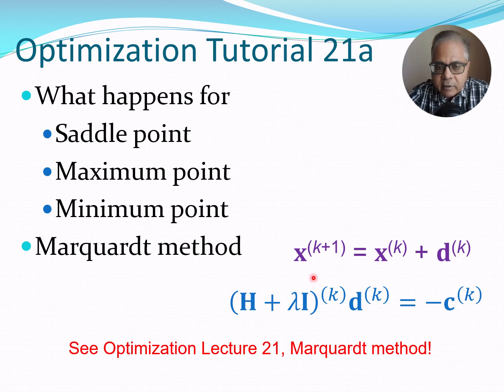And again, remember, this method is xk plus 1 equals xk plus dk, where dk is the search direction which you can obtain if you know the gradient vector ck and the Hessian matrix H for the point xk. Now remember here, lambda is typically a large number and I is the identity matrix.